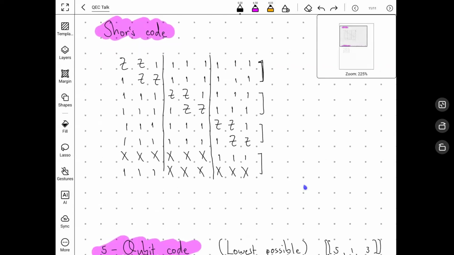Stabilizers can be used to specify vectors, or they split the Hilbert space in half enough times. The Shor code is described by 8 stabilizers acting on 9 qubits, meaning that you still have two states left for the code word, right?